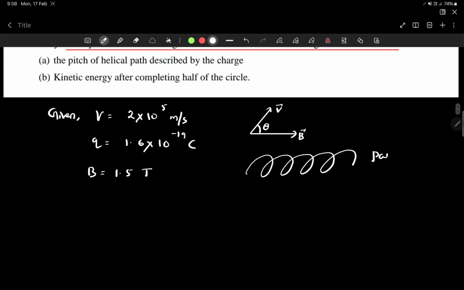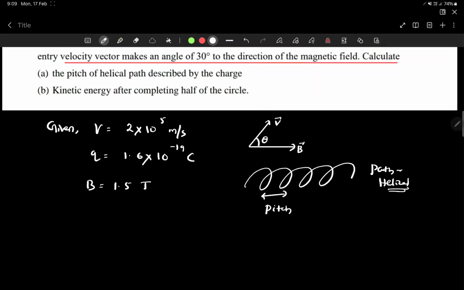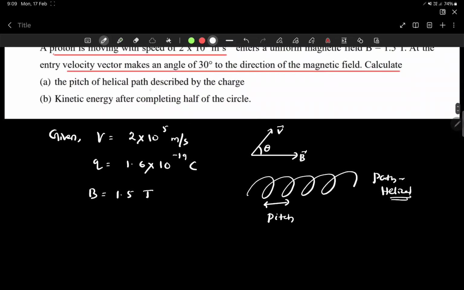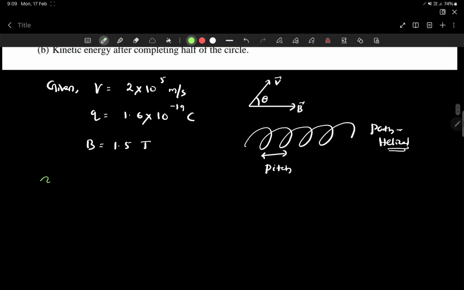So the path is helical in this case, and the distance between two consecutive turns is called the pitch. The question is to calculate the pitch of the helical path described by the charge. The pitch P = 2πmv cos θ / qB.